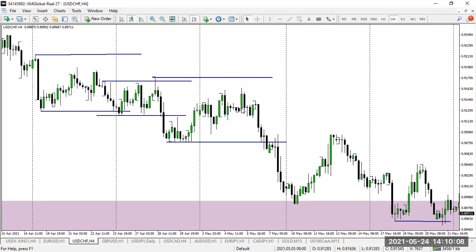Okay, so these are all big structure. Then this is all the small structure. All small structure.